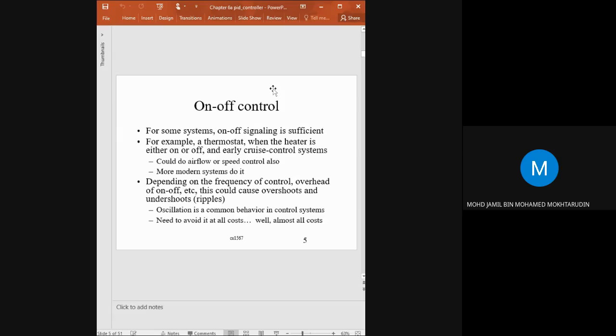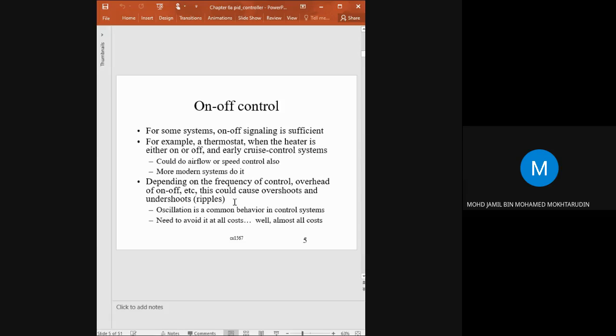Okay, so this controller requires your action, meaning that it is not really automatic, and sometimes it can cause overshoot or undershoot.